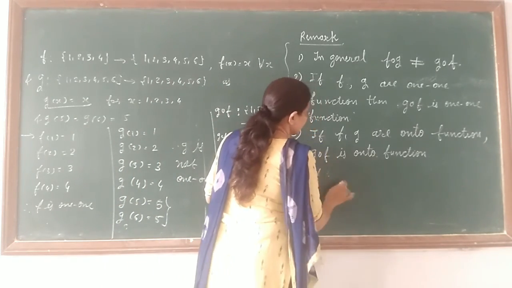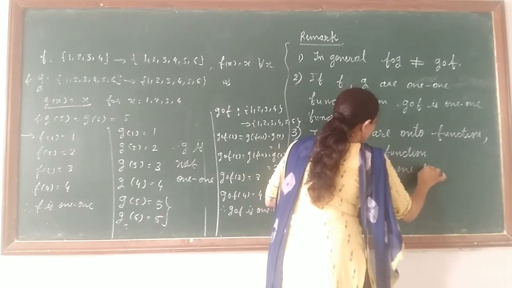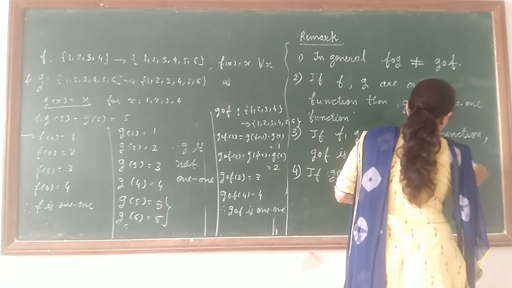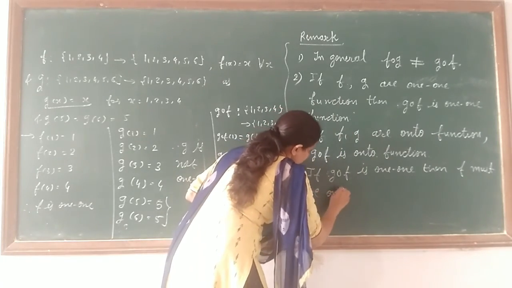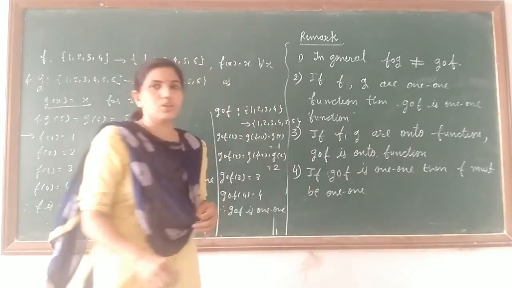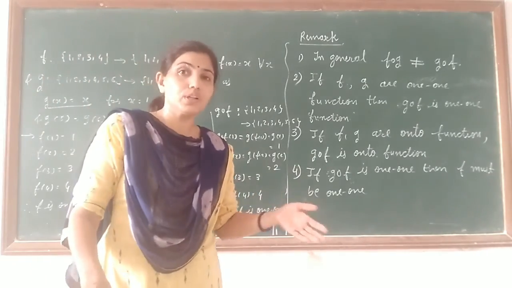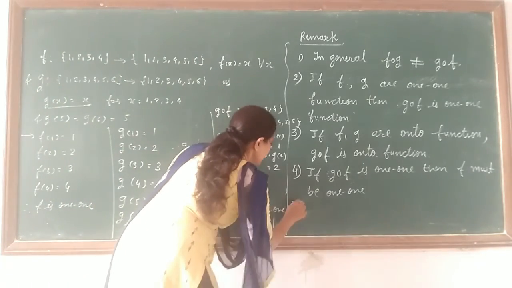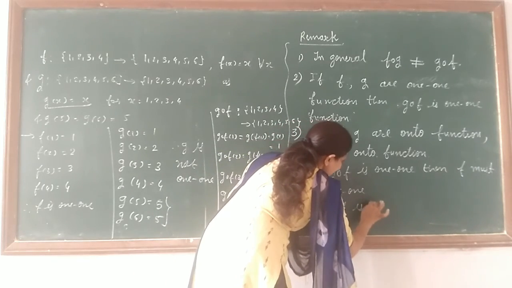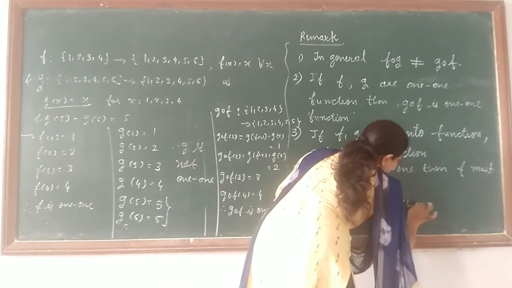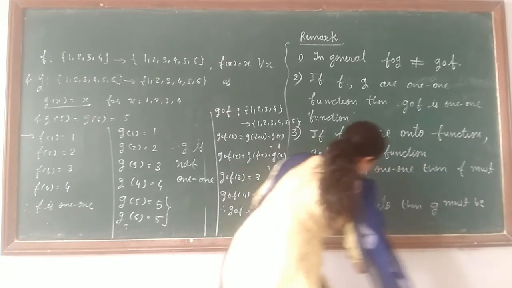And similarly for onto, we are not proving it, but we are noting the result. If g composed of f is onto, then g must be onto.